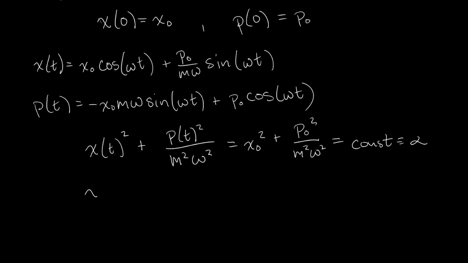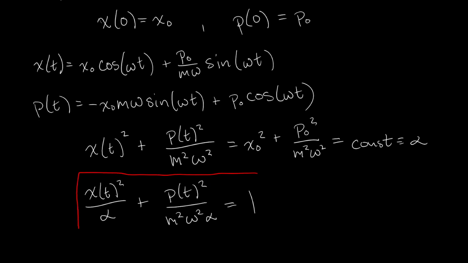So my equation for the evolution through phase space is going to look something like this: x squared over alpha plus p squared over m squared omega squared alpha equals 1. But as we saw last time, this is the exact equation for an ellipse, right?